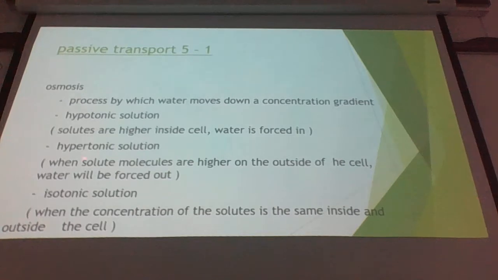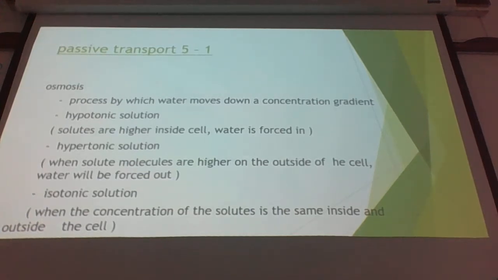And an example we gave with this hypotonic solution: solutes are higher inside the cell, so water is forced in. But one of the examples we gave is if you were stranded out in seawater, where we talked about water all around but not a drop to drink. If there was only salt water, you would not want to drink that salt water, because notice the solute molecules are higher outside of the cell. It should say be outside of the cell.